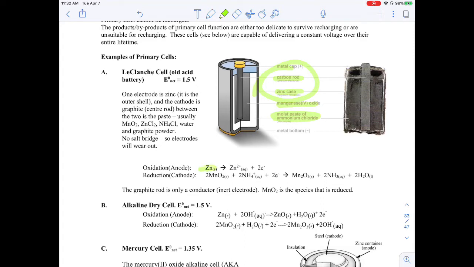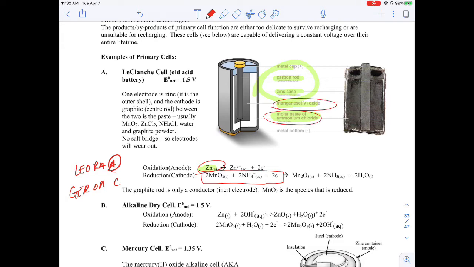The zinc is your strongest reducing agent, and so we've got the LEO RA anode. So at the anode, you've got this zinc. At the cathode, you're going to have the gain of electrons, reduction. The oxidizing agent happens at the cathode. And here, you can see that ammonium paste and the manganese(IV) oxide are going to react.